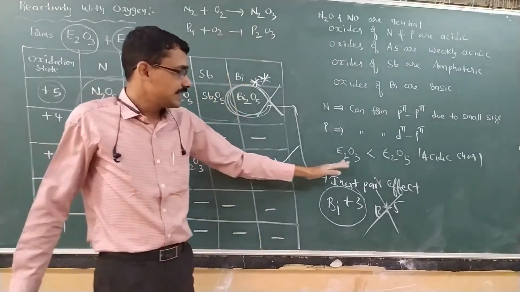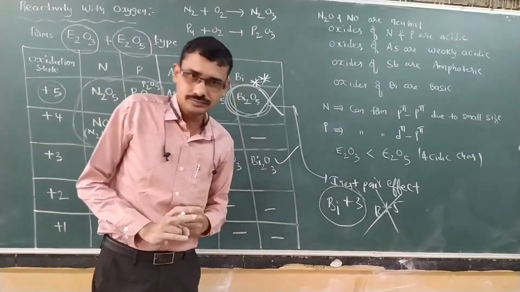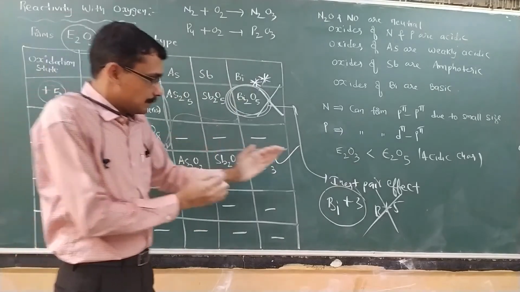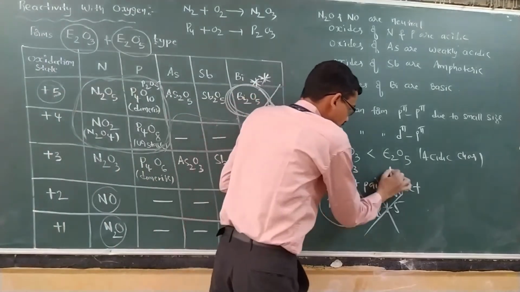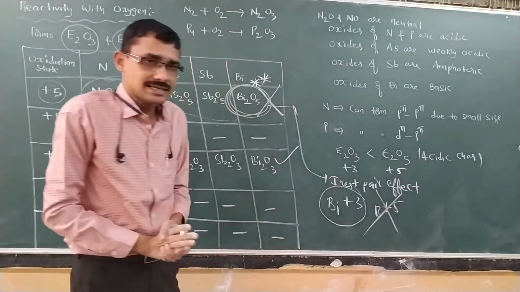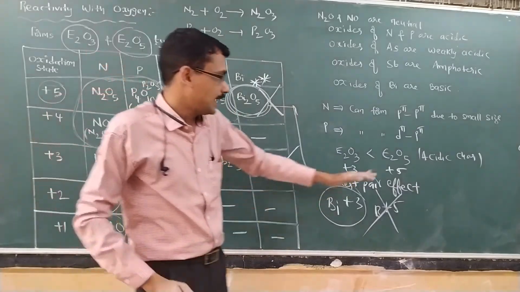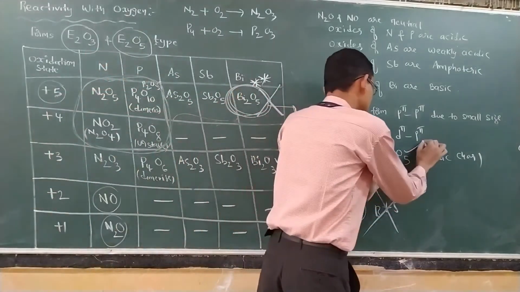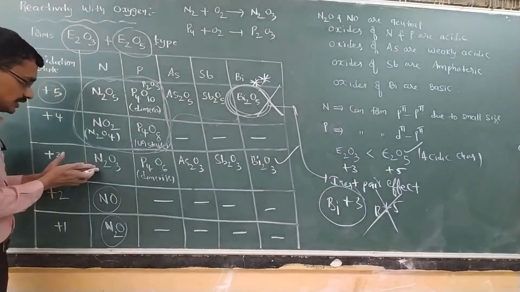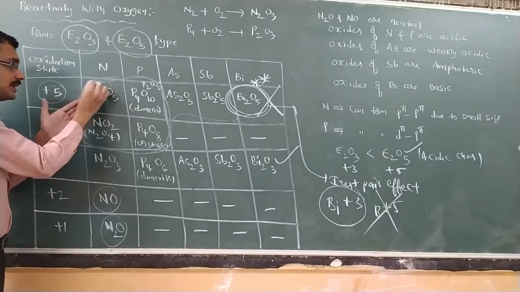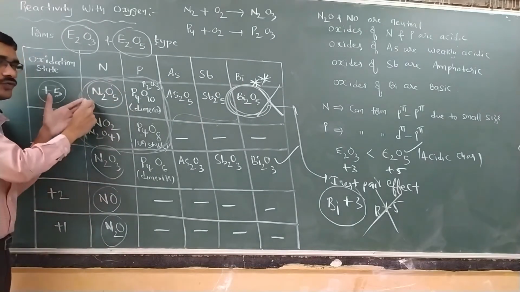Finally, when you take E2O3 and E2O5, in the +3 and +5 oxidation states, +3 will be less acidic compared with +5, which is more acidic. For example, between N2O3 and N2O5, N2O5 is more acidic.